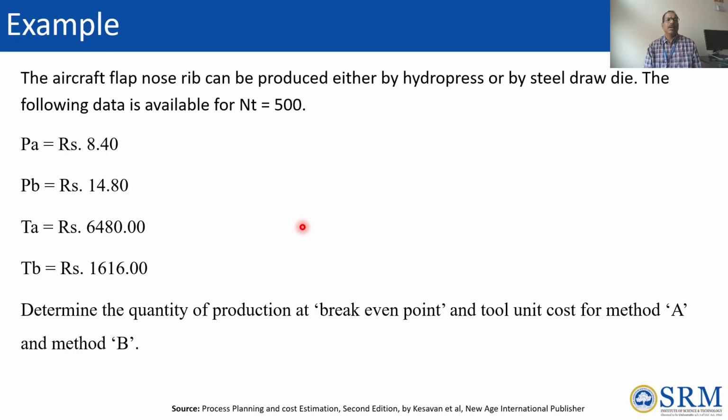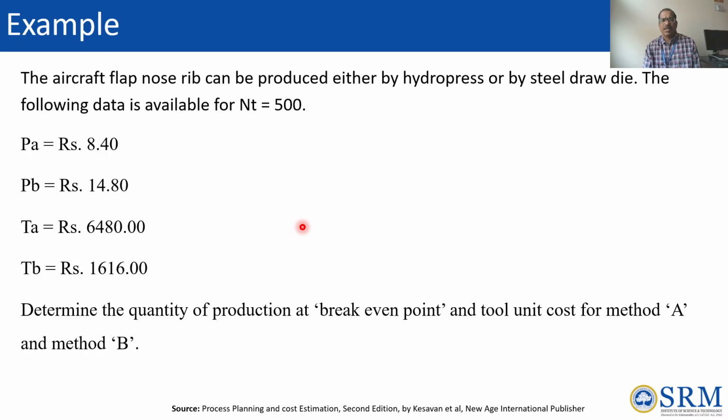The aircraft example: an aircraft flap nose rib can be produced either by hydro press or by steel draw die. Two processes are there through which we can make the aircraft flap.